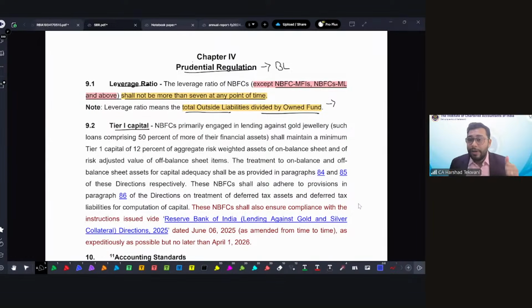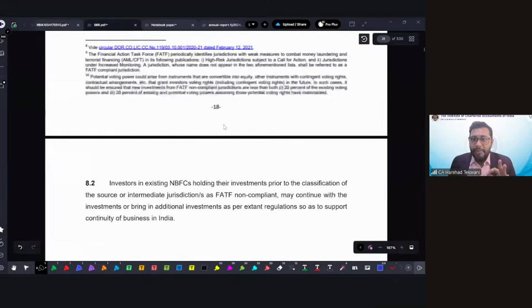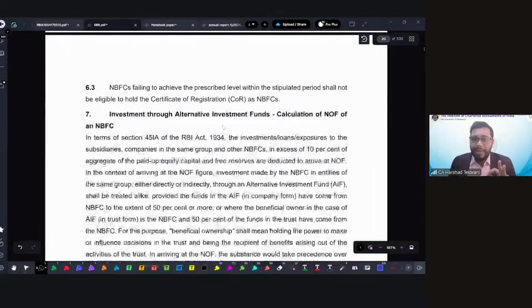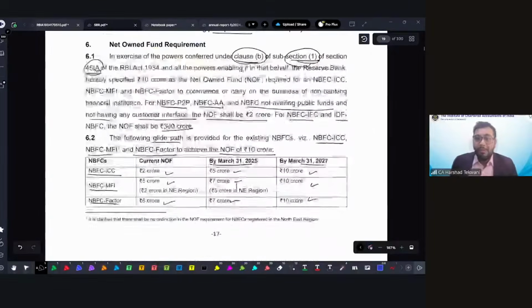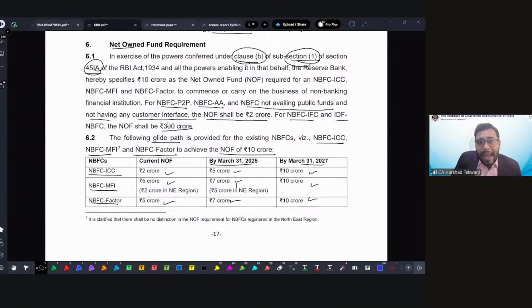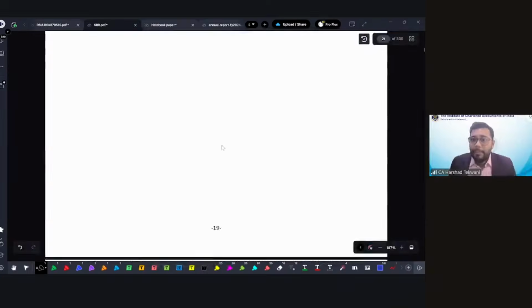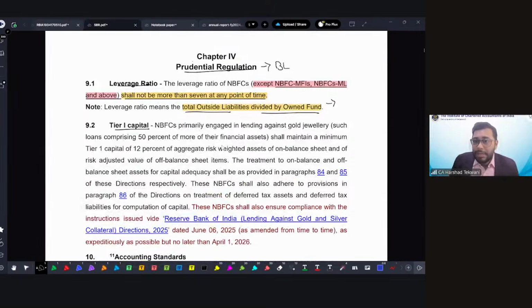One is net own funds, one is own funds. So whenever we are talking about net own funds, it is the NOF, it is discussed separately. When we discussed the formula in the act, we were talking about net own funds. But here we are talking about own funds. This is different from net own funds.